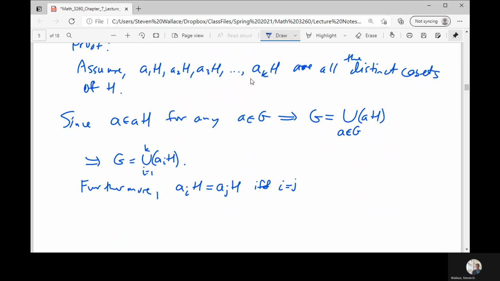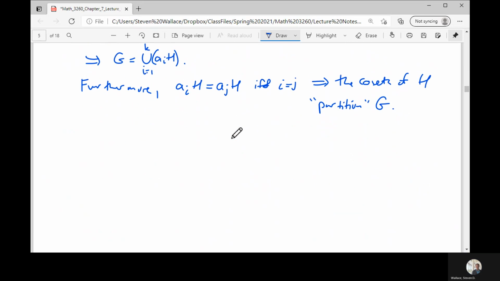So these two things mean that the cosets of H do what's called partition the elements of G. Okay.